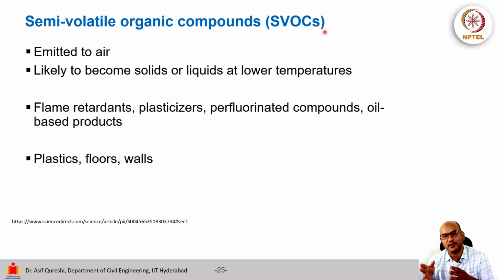Otherwise also they have a lower vapor pressure, so they will try to attach to particles or partition between particle as well as air. Examples are flame retardants, plasticizers, then perfluorinated compounds, and then other oil-based products. And these can be found in different plastics, floors, and walls.